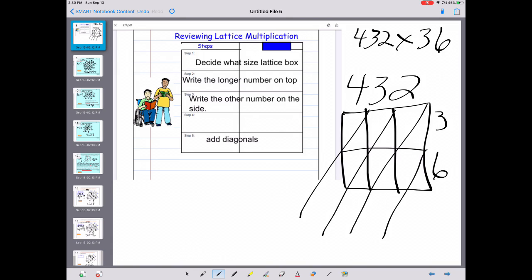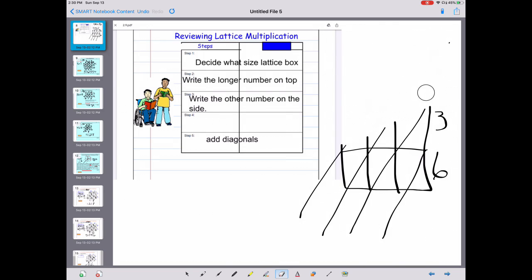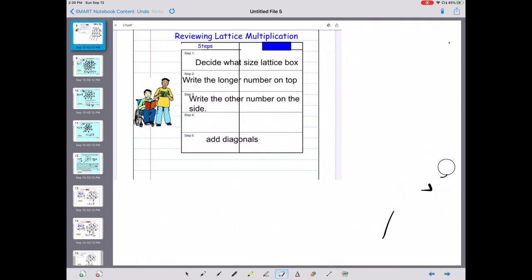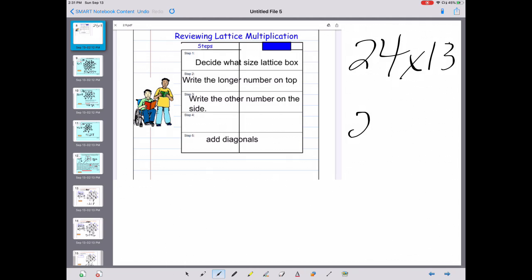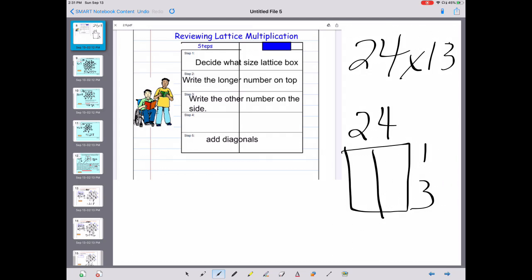Let's do another one. Write my top number, write my side number, make a box that goes past each of them, line in between, catch the corners.